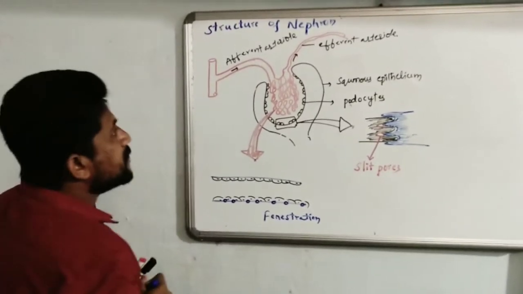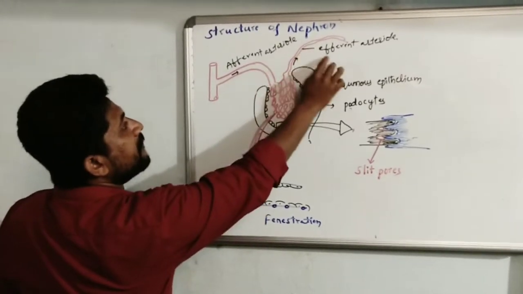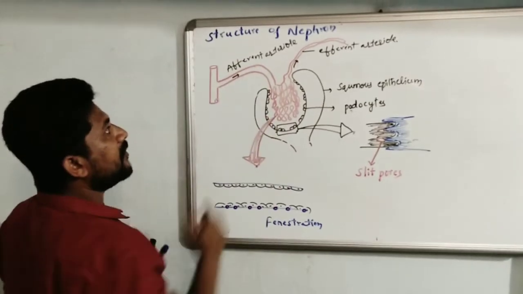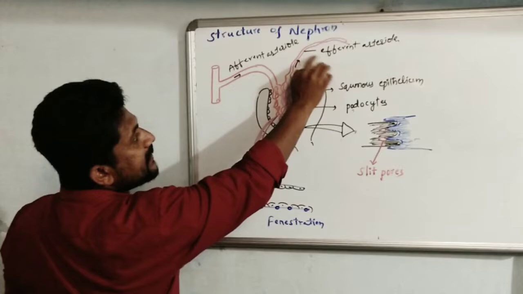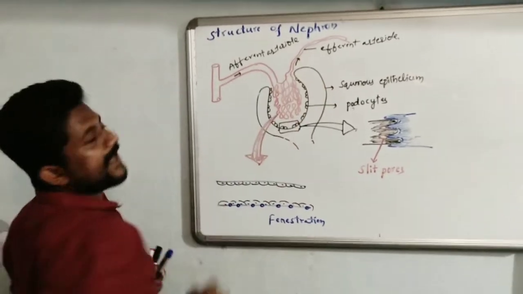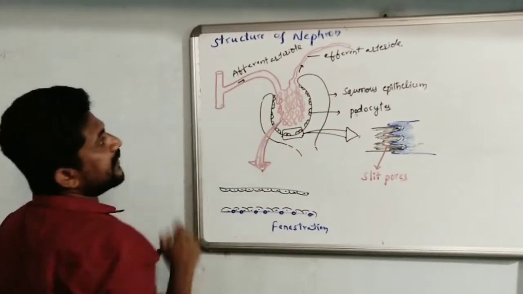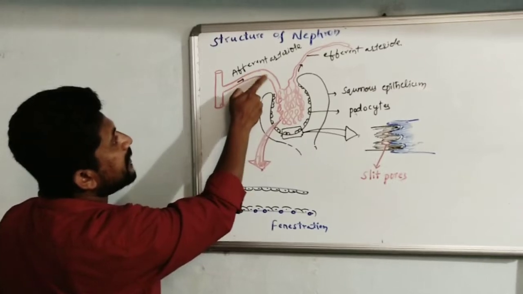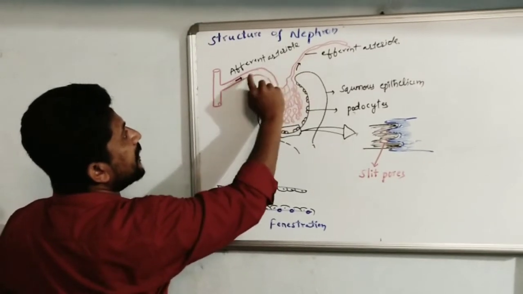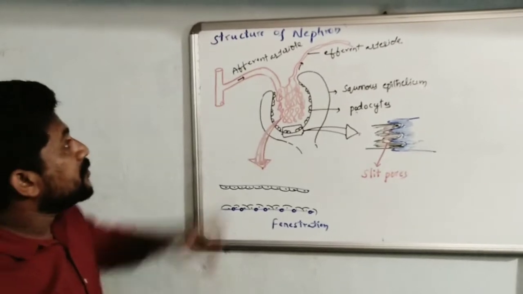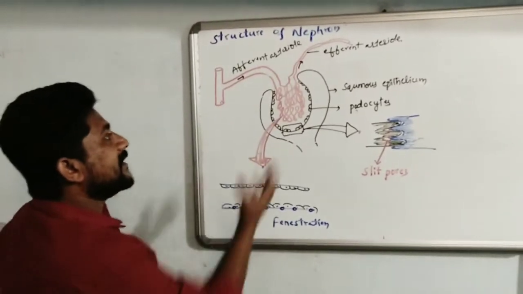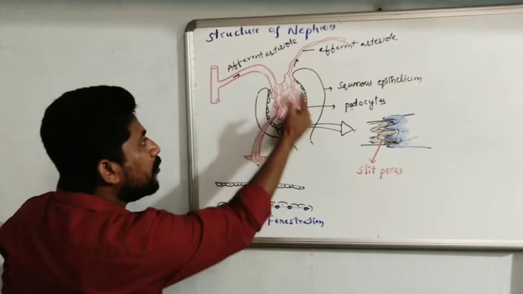If we observe the diameter of the afferent and efferent arteriole, the efferent is lesser in diameter compared to the afferent. Due to this variation, pressure is generated in the glomerulus.